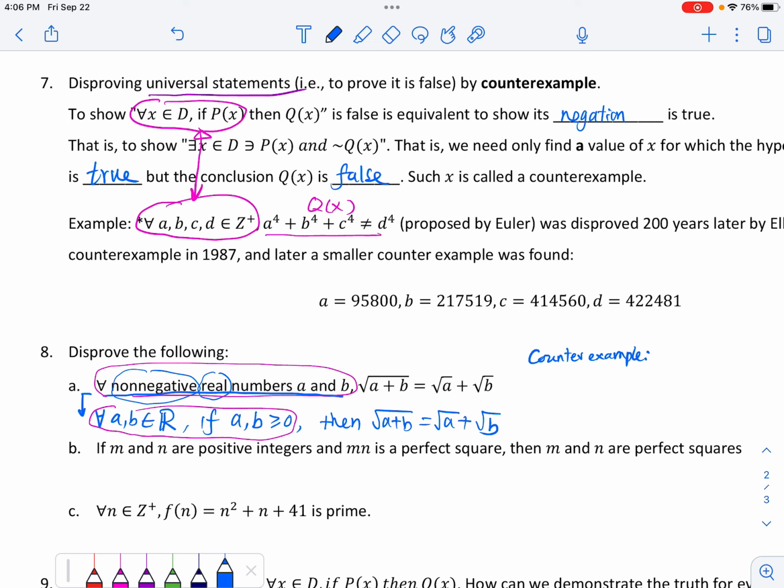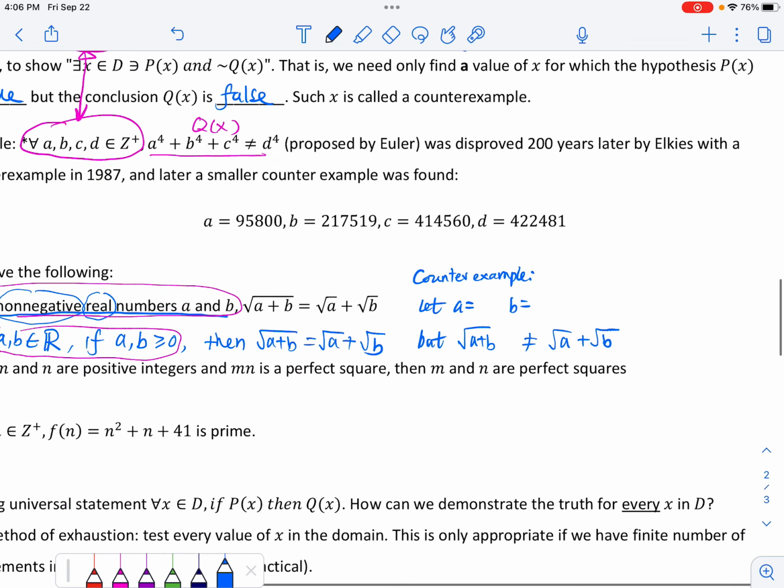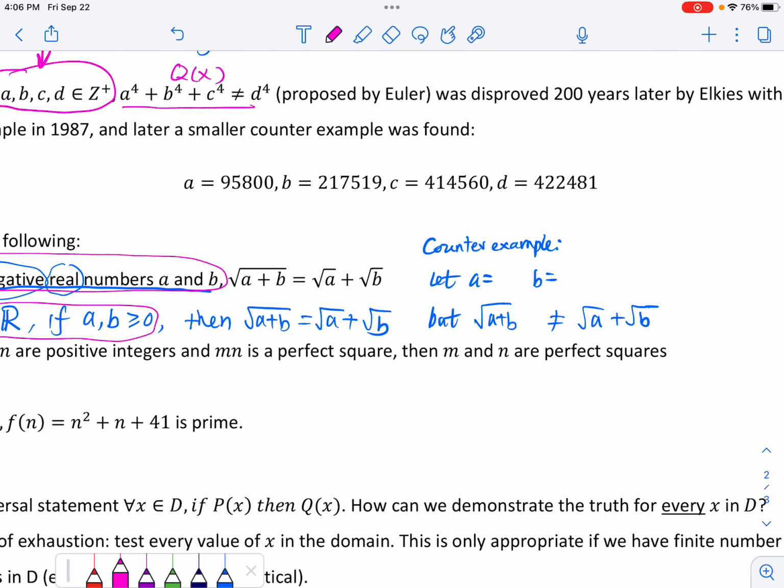So can you come up with a and b so that they're both non-negative, but square root of a plus b is not equal to square root of a plus square root of b? That's your goal, right? Now actually I feel like I'm gonna call 3 and 3.